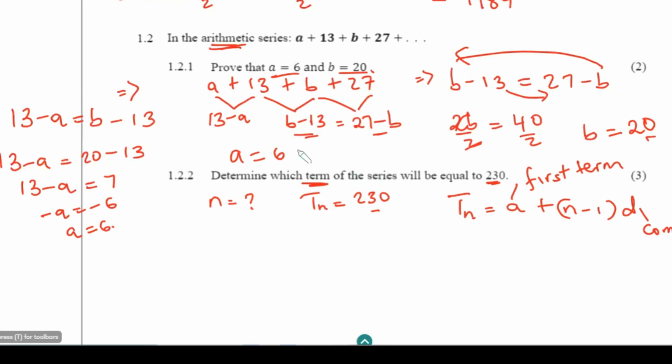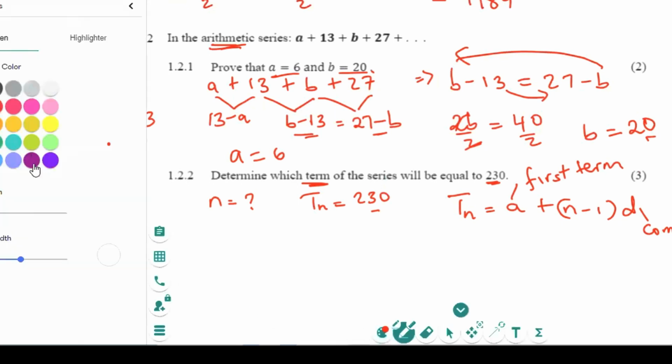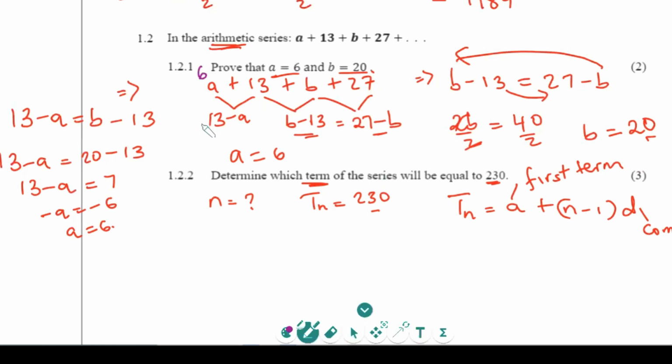Since we got a as 6, our first term is 6 as well. And then we need to find the common difference, which we can say is 13 minus 6, which is 7. So a is 6, and d is 7.